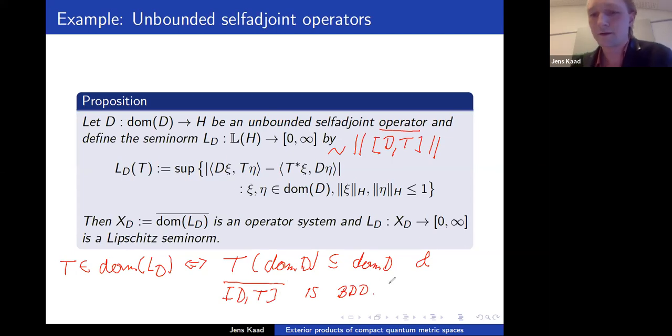So that's an equivalent condition. And in this case, the seminorm applied to T is exactly the norm of this closure. This you can check.